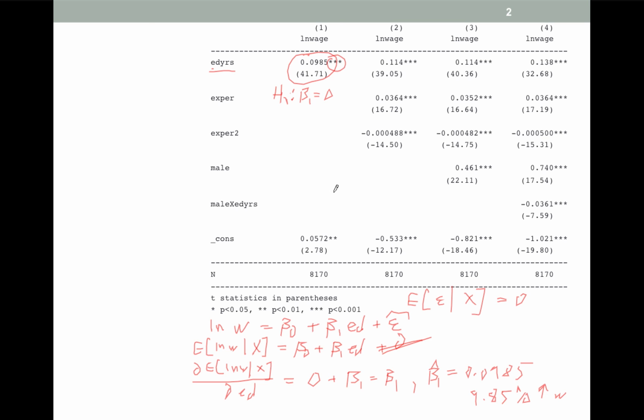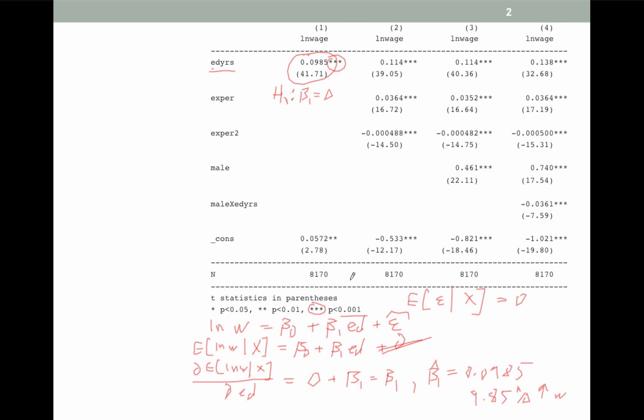Those stars represent the p-value of the test. There's almost always a legend at the bottom of the table that tells you what the stars signify. 3 stars is pretty significant. In this case, 3 stars means the p-value is less than 0.001. If it's less than 0.05, we usually call it a significant result.